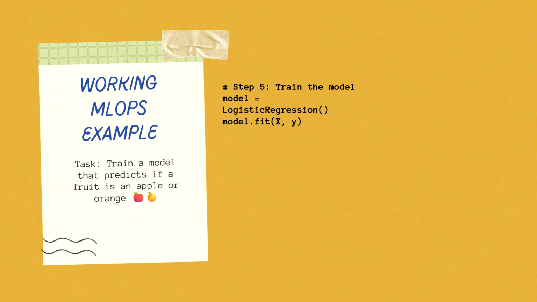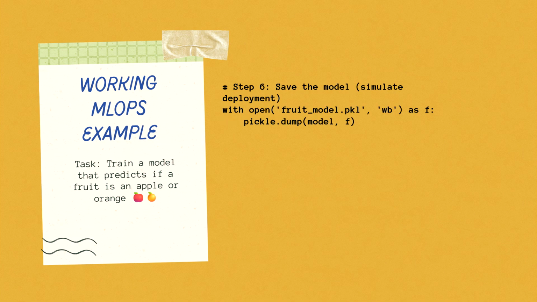In the next step we are saving the model to a file called fruitmodel.pkl. This is the trained model saved into this file, basically saving your project so you can use it again later. The model is trained only once and then saved.